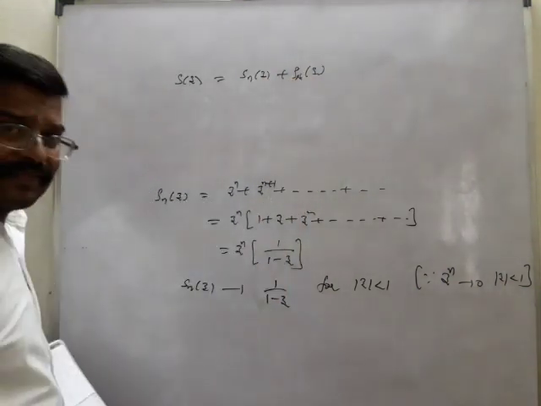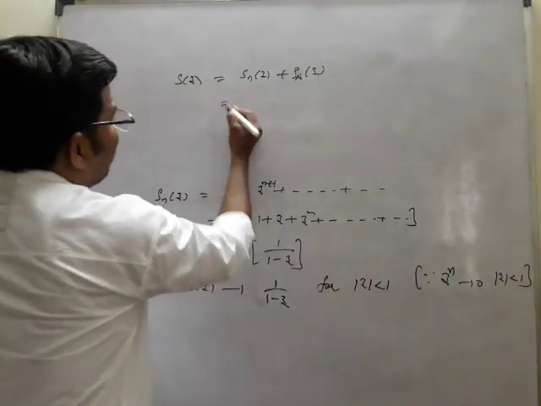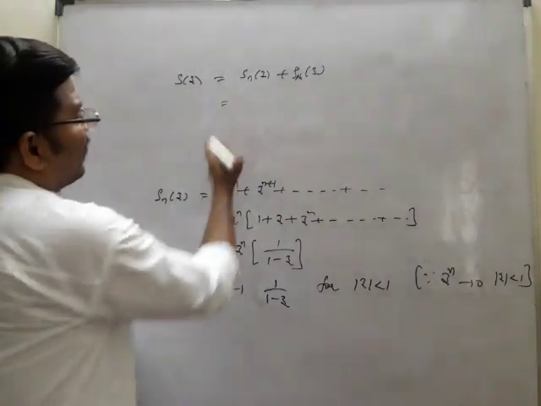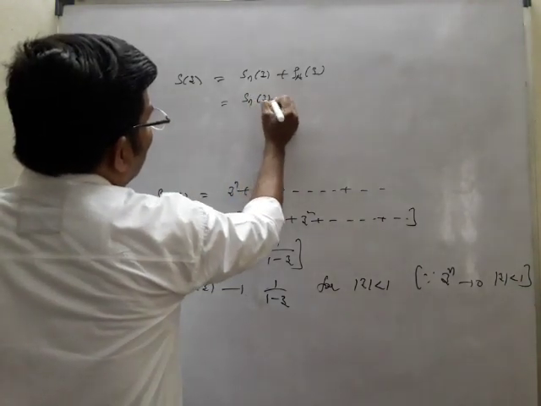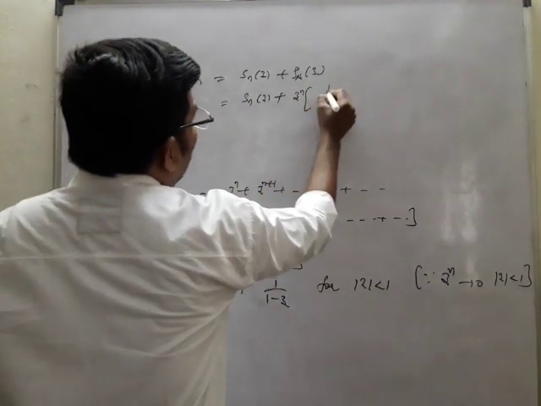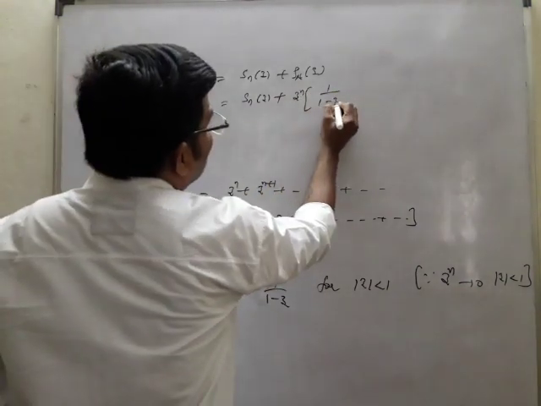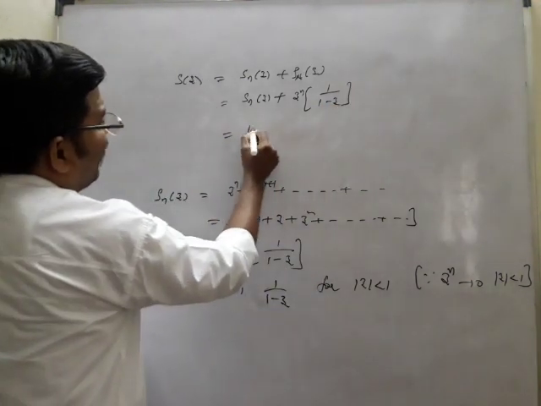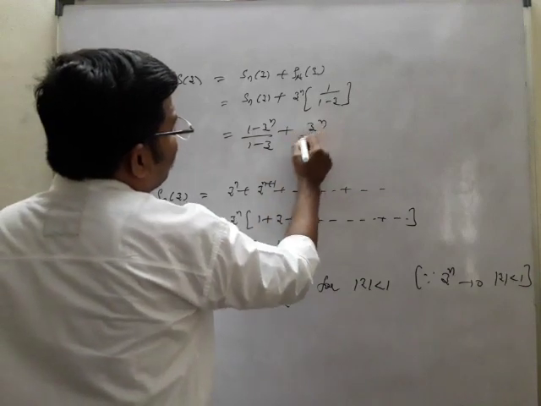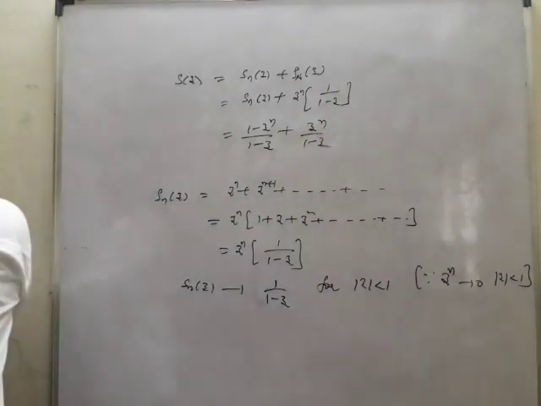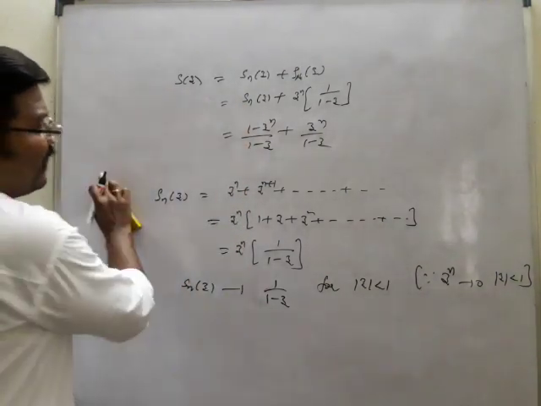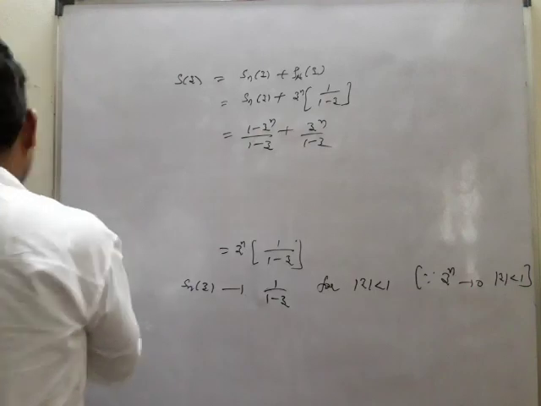Sn of z we already have as (1 minus z power n) by 1 minus z, and rho n of z is z power n by 1 minus z.